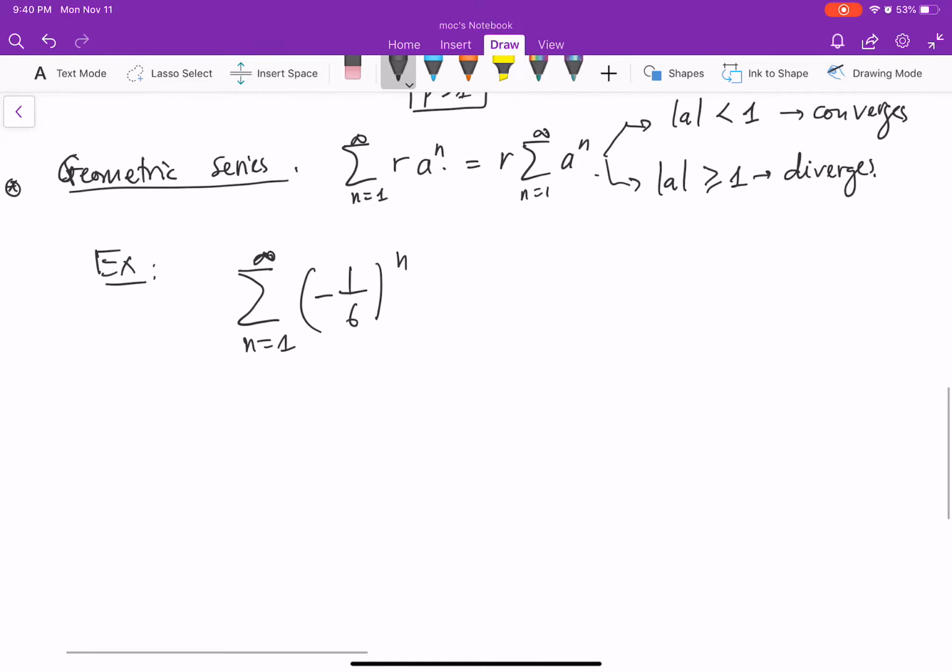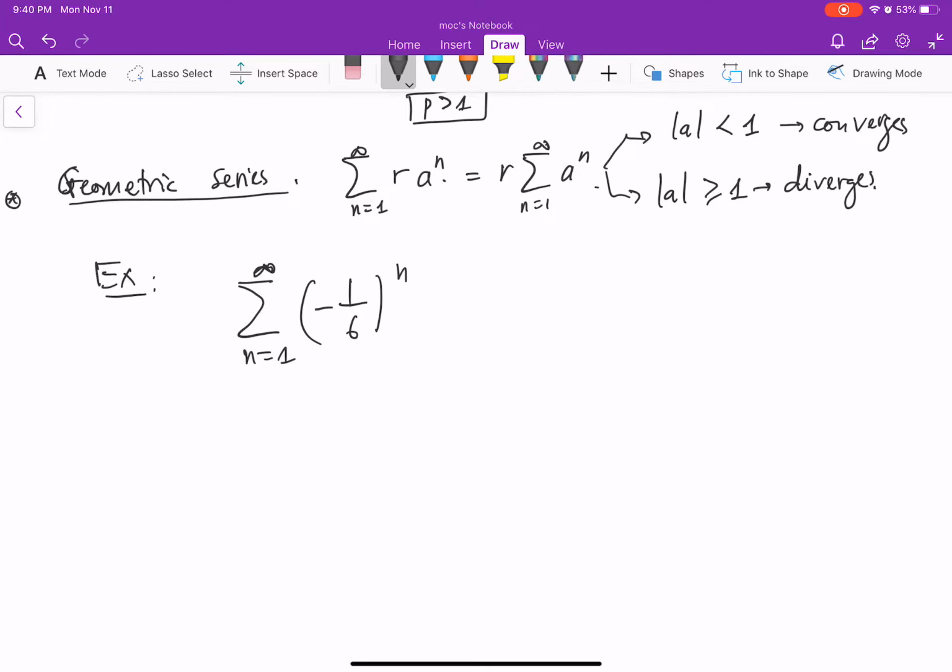This is a geometric series, and a, in this case, equals negative 1/6. The absolute value of a is just 1/6, which is less than 1. So from here, we have that the series converges.